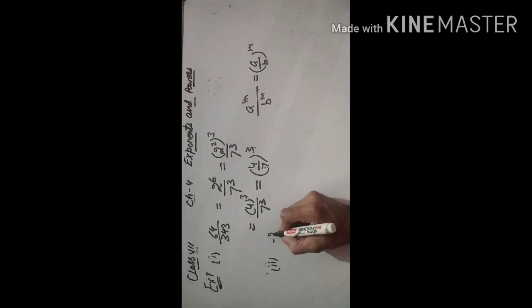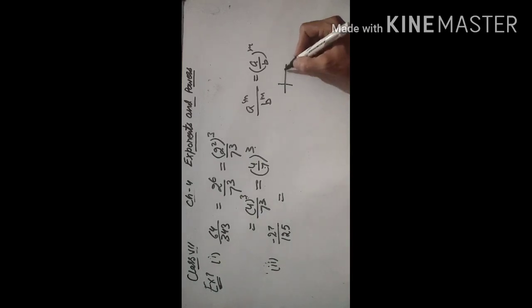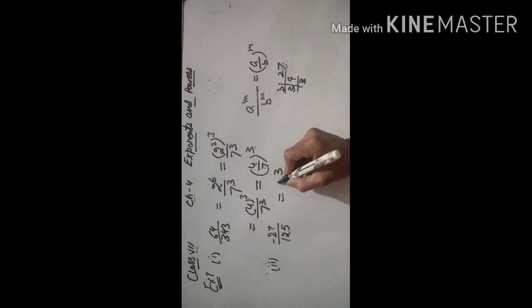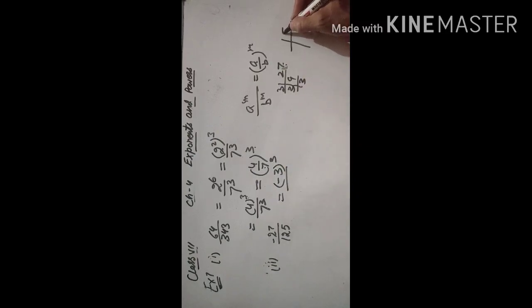Second part is minus 27 upon 125. That is, 27 is 3 nines are 27, 3 threes are 9, so minus 3 to the power 3, and 125 is also 5 to the power 3, 5 fives are 25.